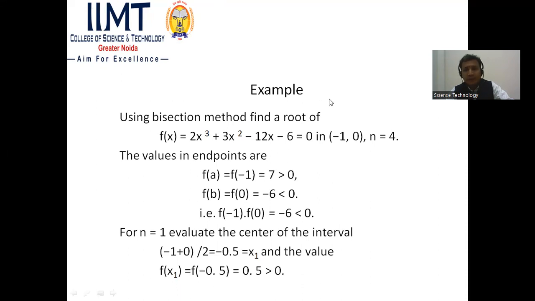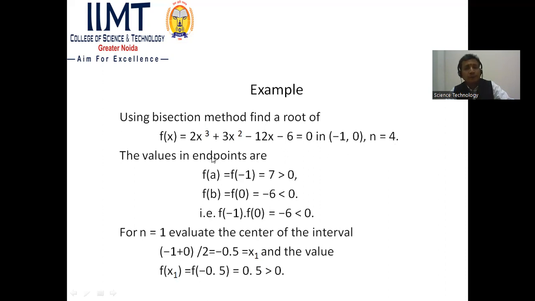We are asked to find the root of this equation in the interval minus 1 to 0 using 4 approximations.